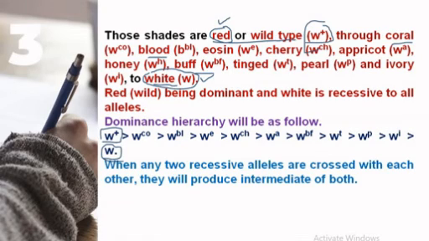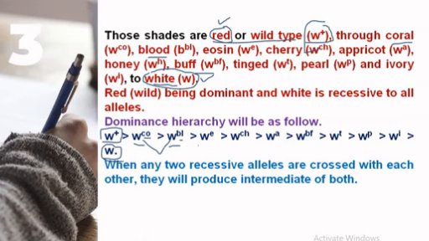Now when any two recessive alleles are crossed with each other, they produce an intermediate of both. Suppose you have selected coral and blood. If you cross these two, they will produce an intermediate of coral and blood.